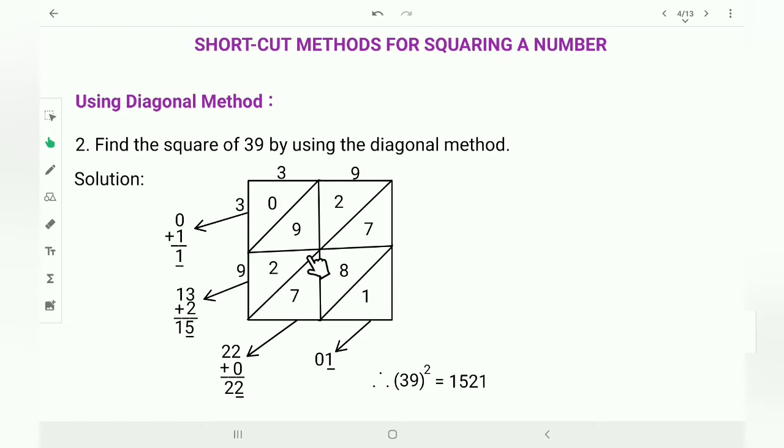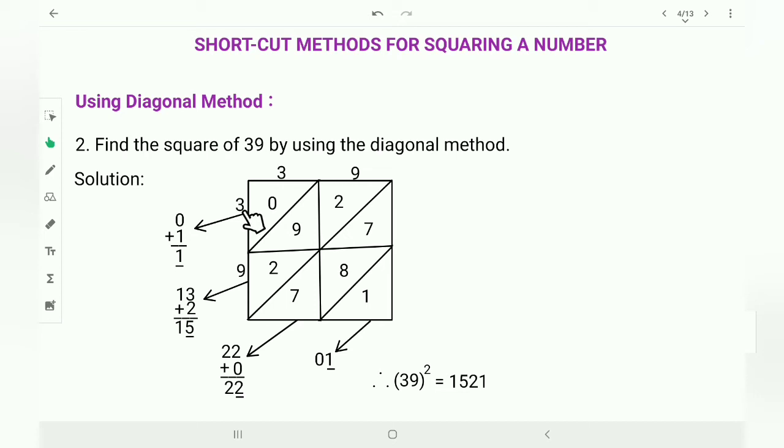After dividing by the diagonal, you have got two triangles. So one digit you have to fill in each of these triangles.